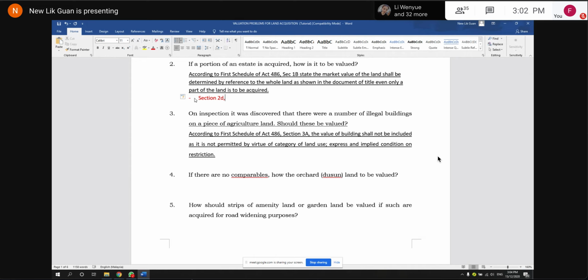Section 214A must be considered. What is Section 214A all about? Any dealings on estate land must obtain approval from the Estate Land Board.